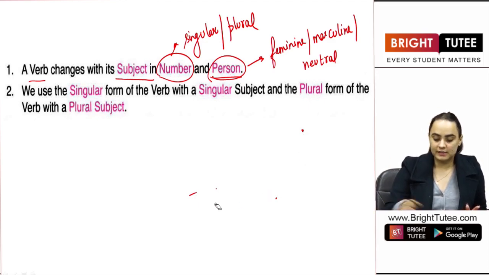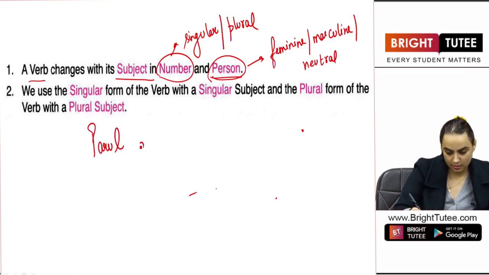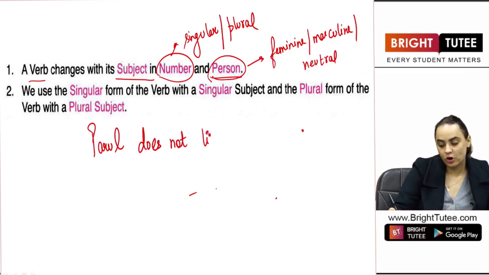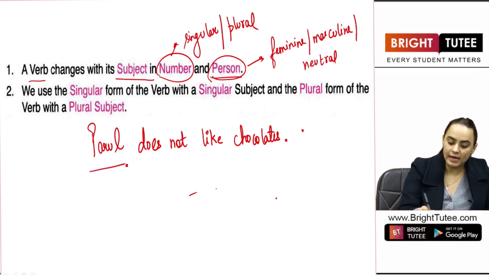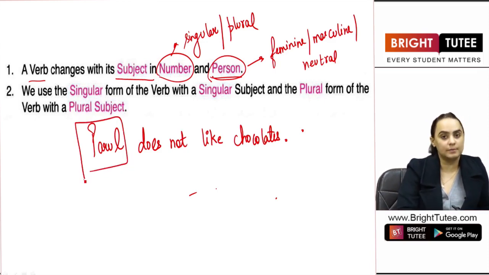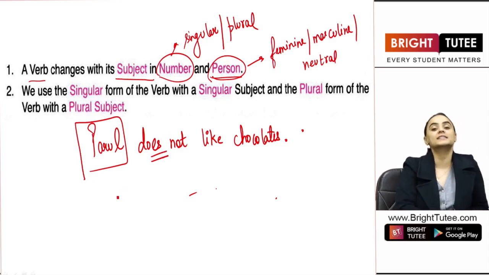If I write the sentence, Parul does not like chocolates, right? Parul again being a singular subject, I am going to use the verb which has an ending es with it.